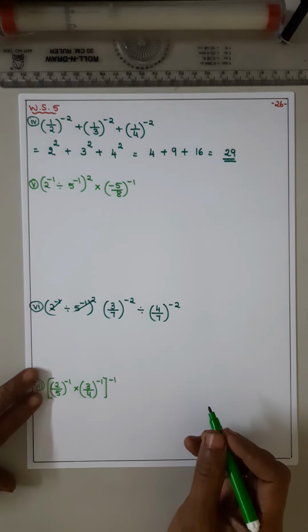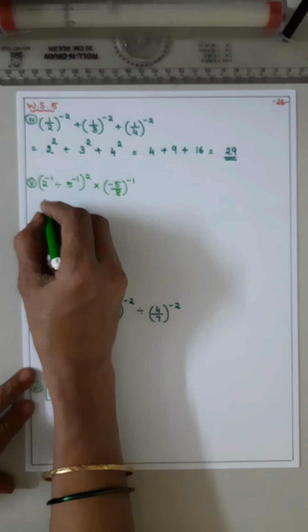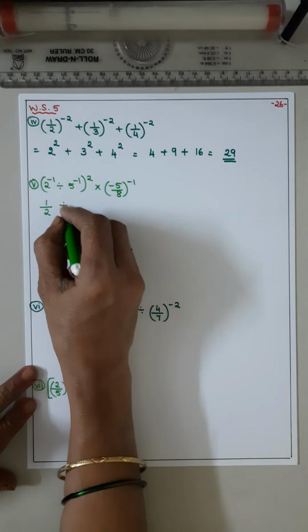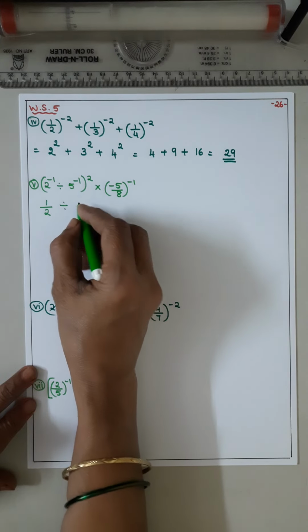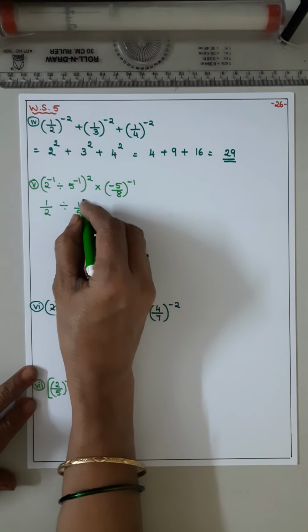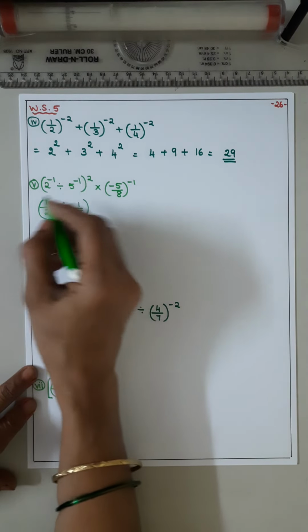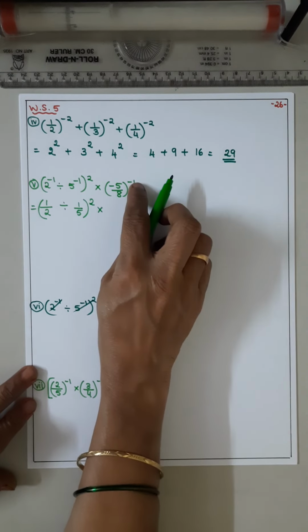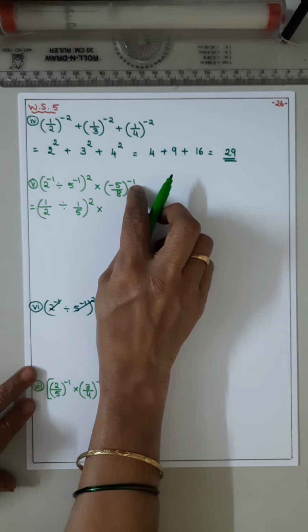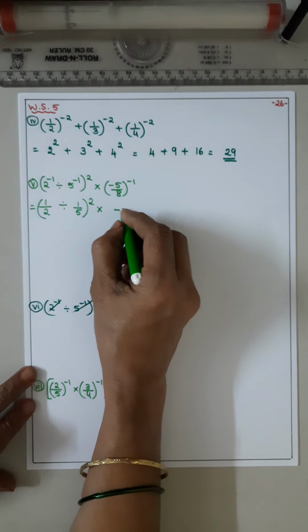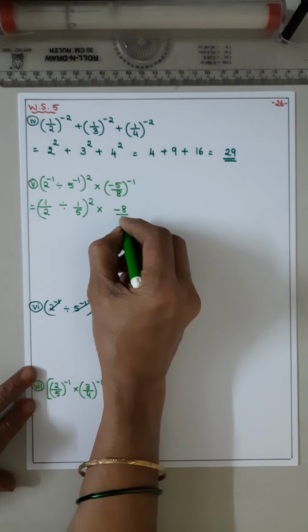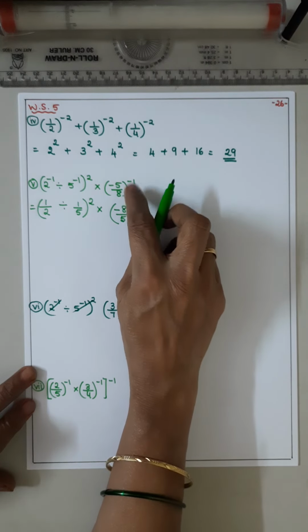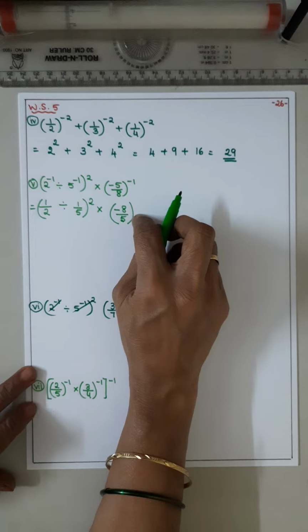2 to the power minus 1 means it becomes 1 by 2, divided by 5 to the power minus 1 becomes 1 by 5. The whole raised to 2 into the power is negative, so make it positive by writing the reciprocal, minus 8 by 5. 5 by 8 बनता है 8 by 5.